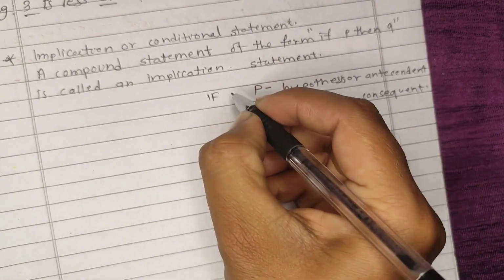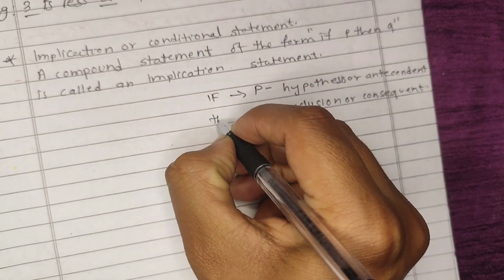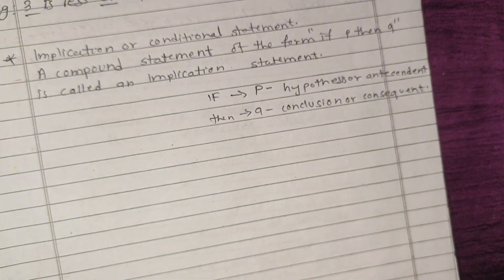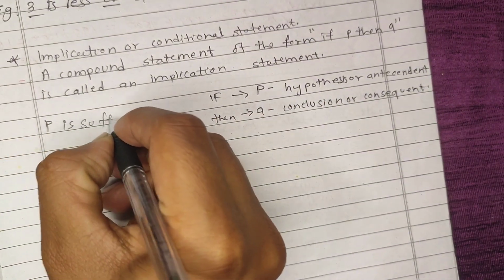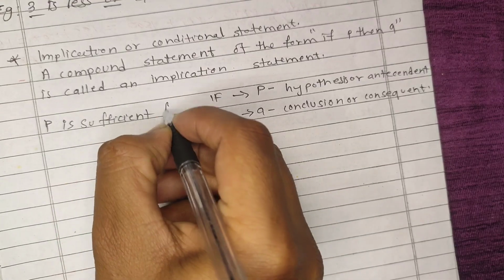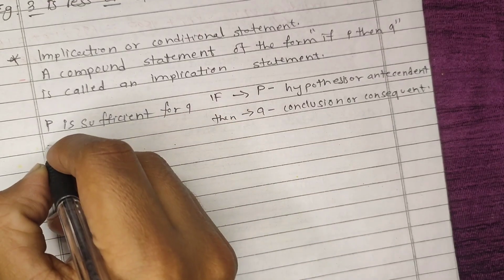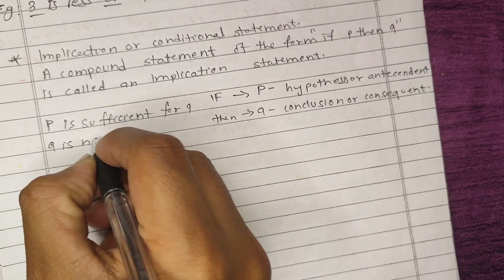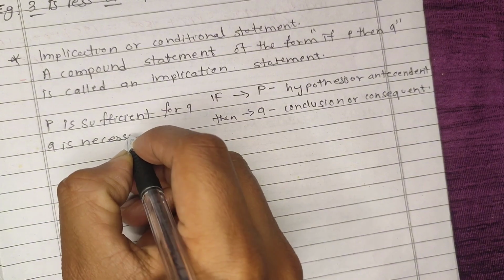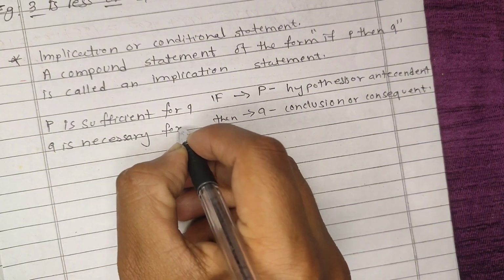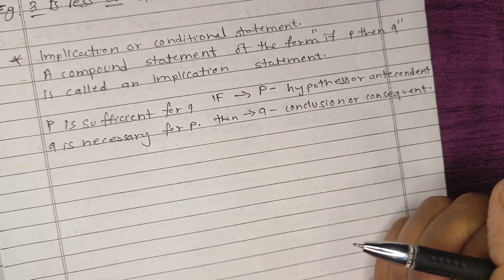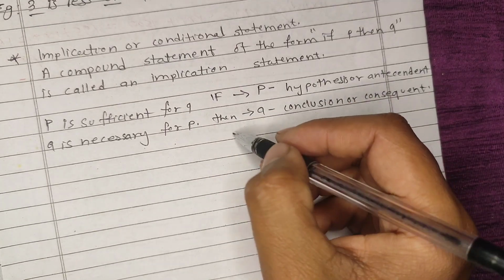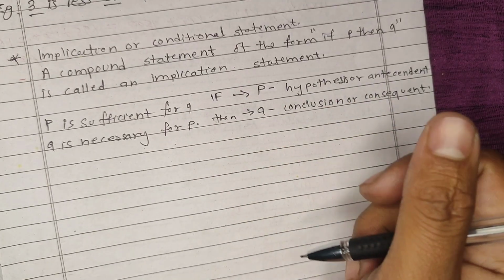Here the if clause represents P, the then clause represents Q, that is, P is sufficient for Q, and Q is necessary for P. If you understand it this way, P is sufficient for Q and Q is necessary for P.